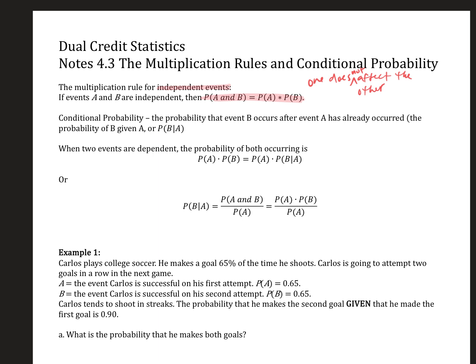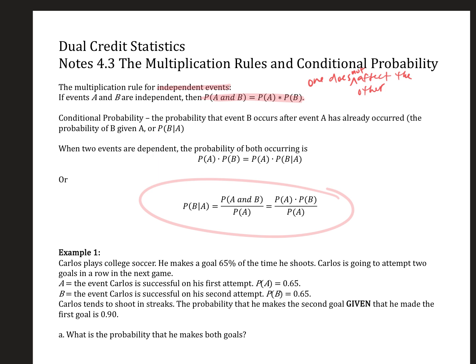So when two events are dependent, you need to know that formula right here. The probability of B given A, and obviously if one's given the other, then they are not independent, is the probability of A and B divided by the probability of the one that was given.